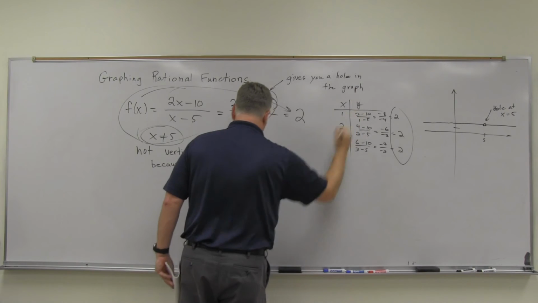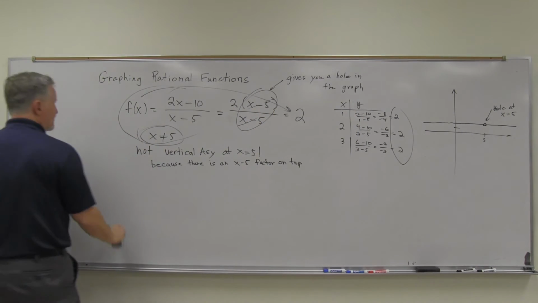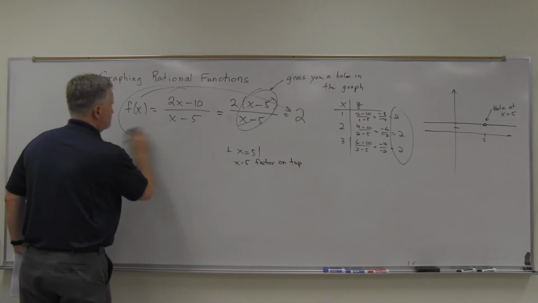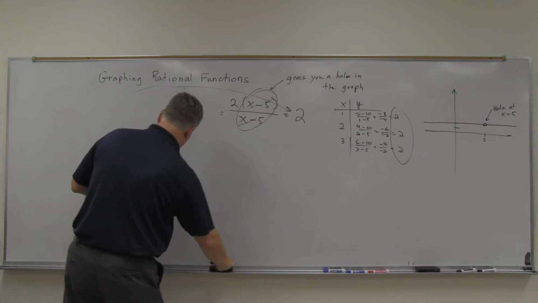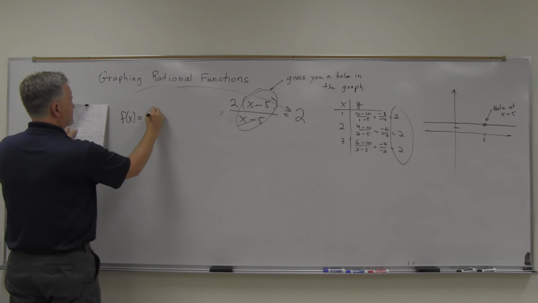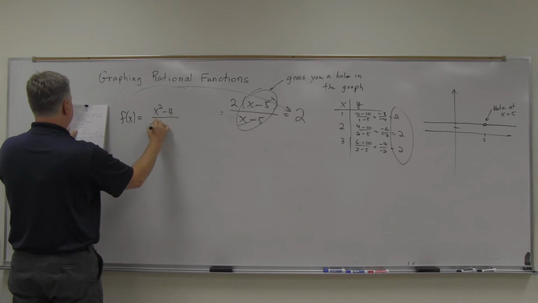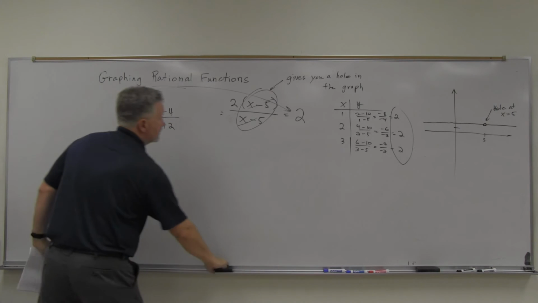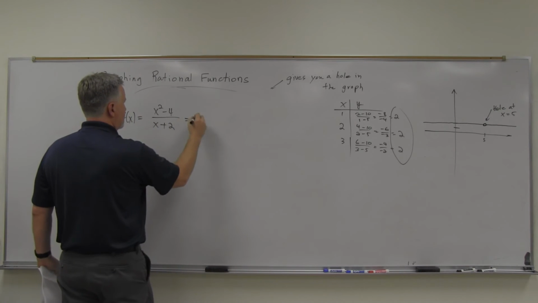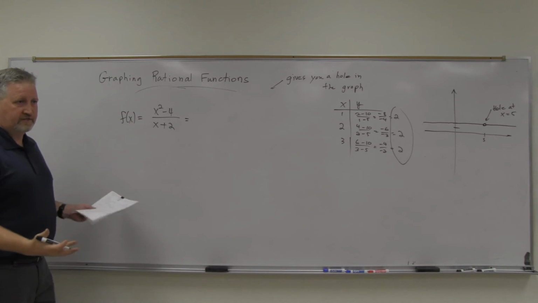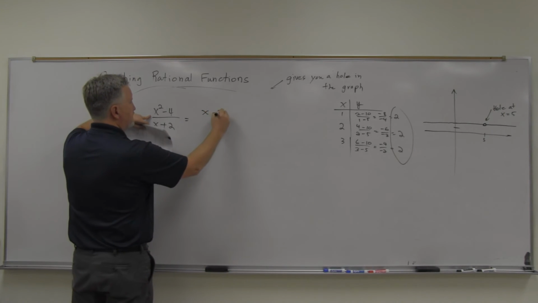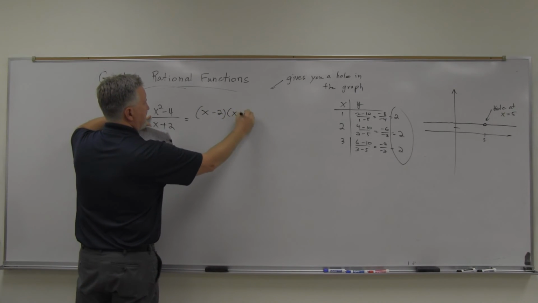I've got one more here lined up. Take a look at this one. f of x equals x squared minus 4 over x plus 2. This one also has a common factor, doesn't it? Because at the top I've got x minus 2 times x plus 2 as the factors.